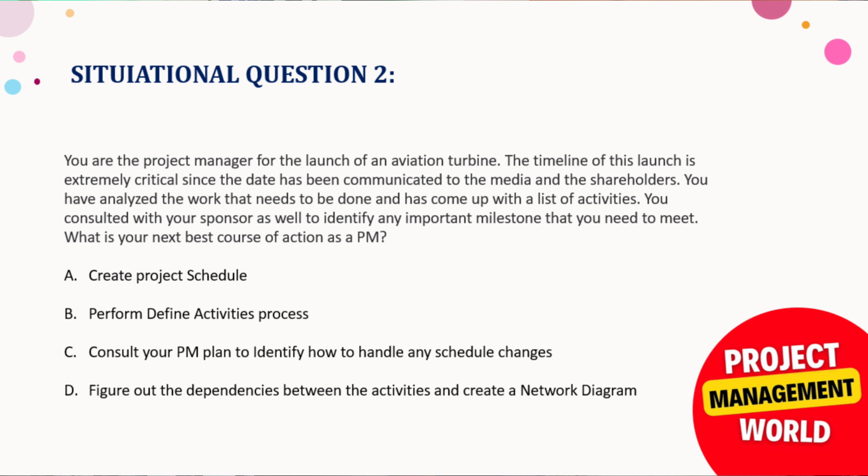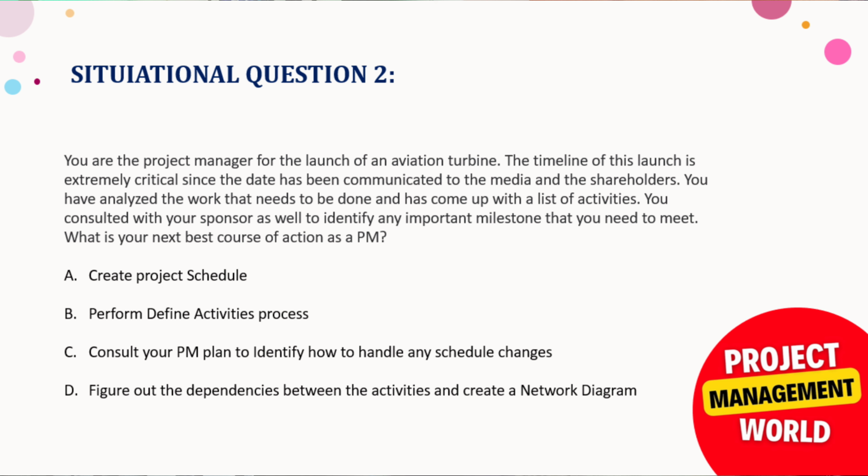We have already completed define activities, so this option is also eliminated. Now option C is consult your PM plan to identify how to handle any schedule changes. Option C is also not correct, because this is not the next step after define activities. So let's rule out this option.